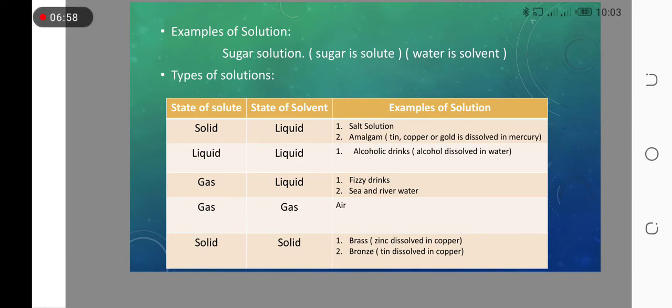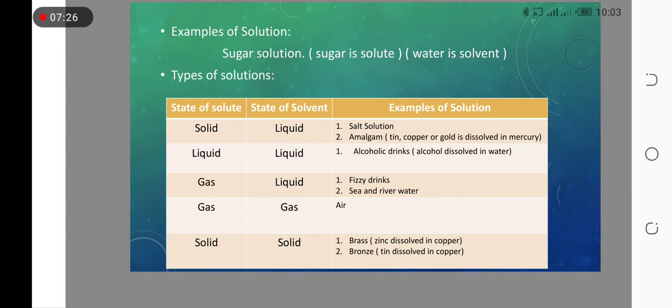The second example for these states is amalgam. Amalgam is basically tin, gold or copper that is dissolved in mercury. Now come towards the second state. The second state is liquid and liquid. So you can see that the solute is liquid and the solvent is also liquid.